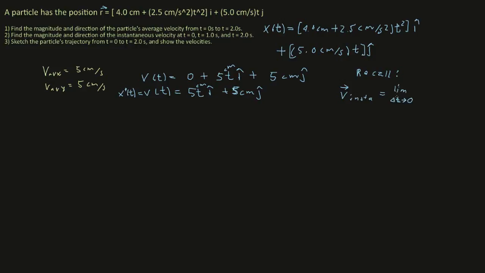The limit as delta t approaches 0 of the change in x over the change in t, and thus the derivative of the position x over the derivative of time. Okay, this is just a quick recall. This is basically the same thing as what we derived from here. Okay, so now we have the equation.